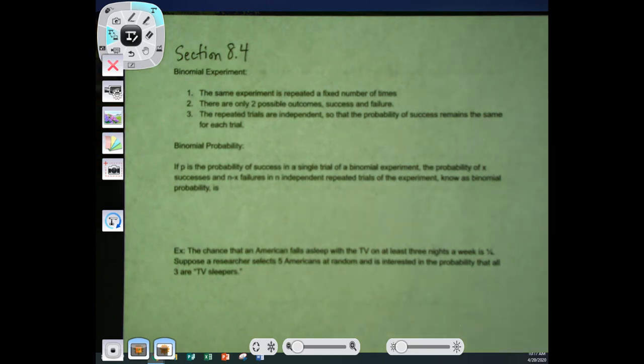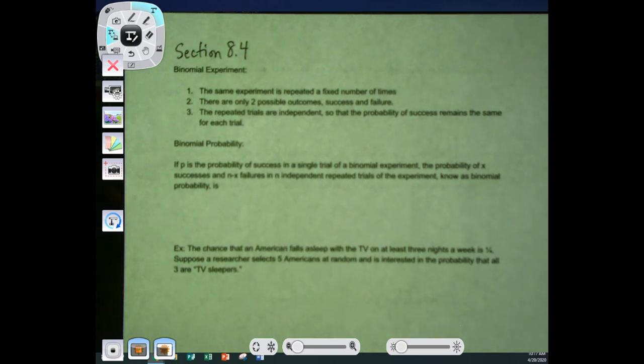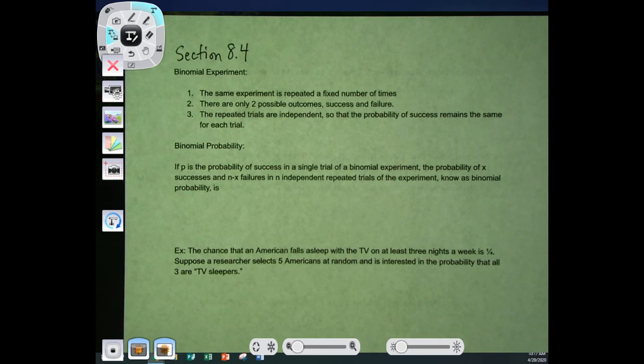So binomial, remember that word means that there's two terms, there's two things occurring. So, with that said, when we have a binomial experiment, it's an experiment where there are two possible outcomes, either success or failure.